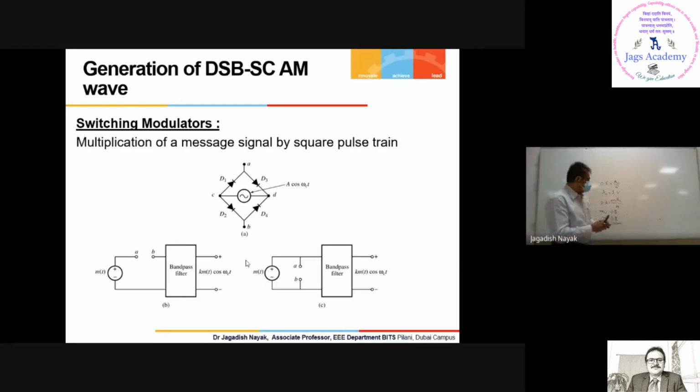If you have a symbol something like this, that is an oscillator. It generates oscillation of any frequency. It can be a sine wave, a square wave, or a triangular wave. That's called an oscillator.